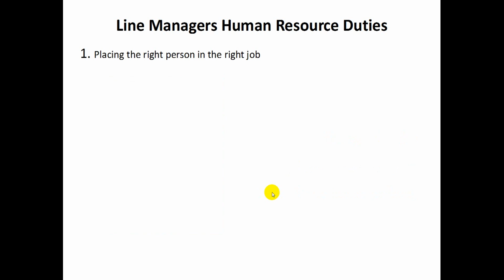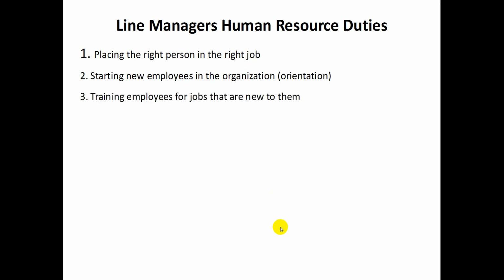Let's consider line managers' human resource duties. The first duty is placing the right person in the right job. Second, starting new employees in the organization through orientation. Training employees for jobs that are new to them.